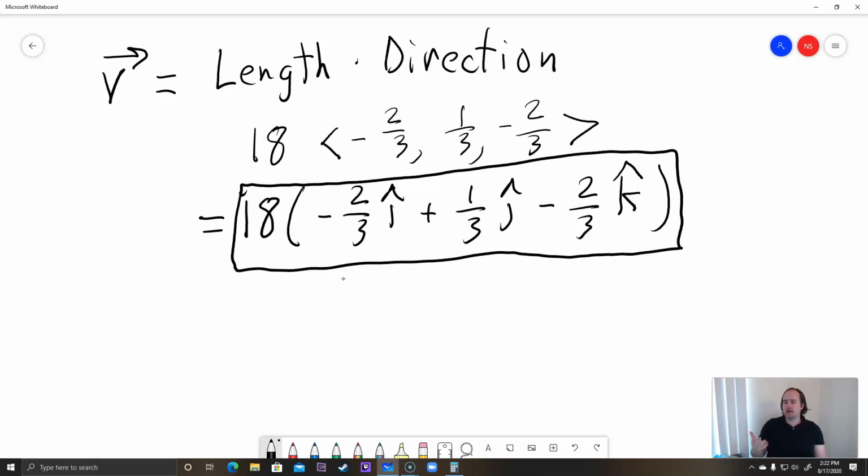So the speed of an object plus its direction is called the velocity, and that's a vector. And then you also have position vectors, acceleration vectors, force vectors, and so many other kinds of vectors. It's very common in physics and very useful for engineers and people applying math to the real world.